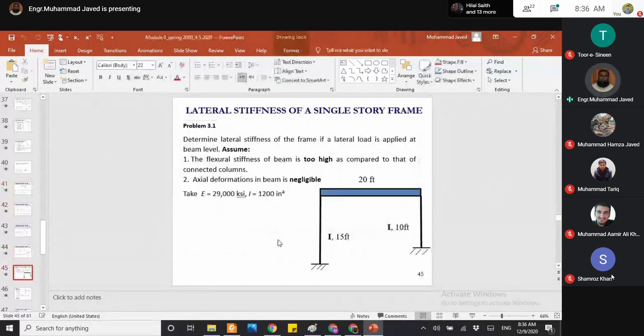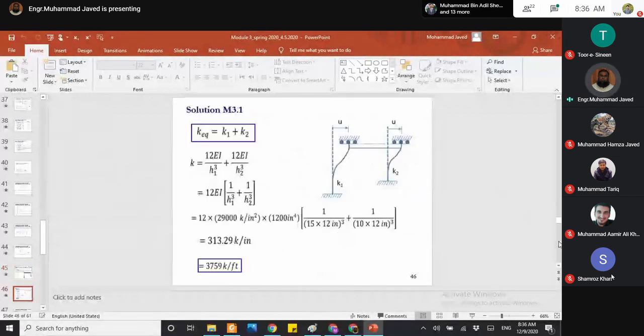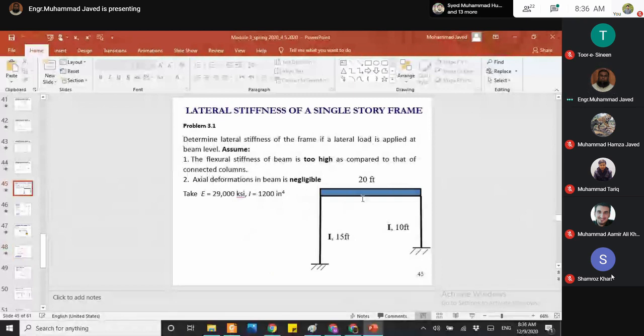So based on the discussion in the past few slides, let me determine the stiffness of this frame. In this problem, we are required to determine the lateral stiffness of the frame. If a lateral load is applied at the beam level, assume that flexural stiffness of beam is too high as compared to that of a connected column.